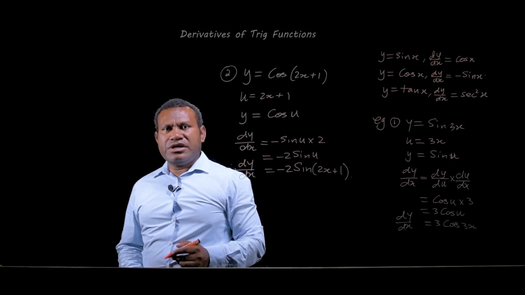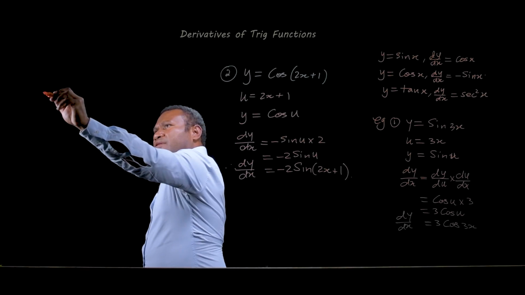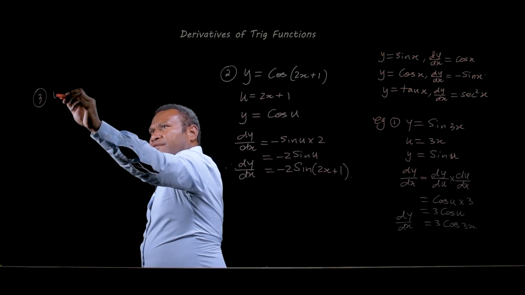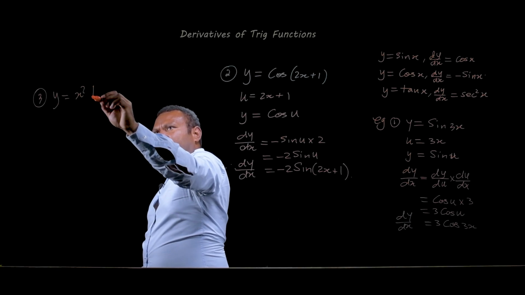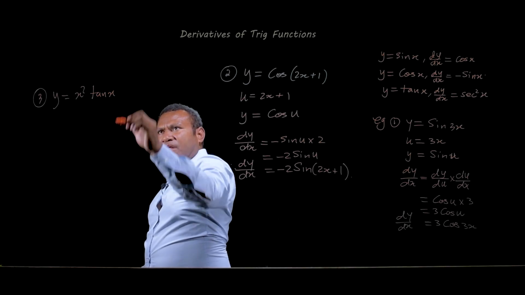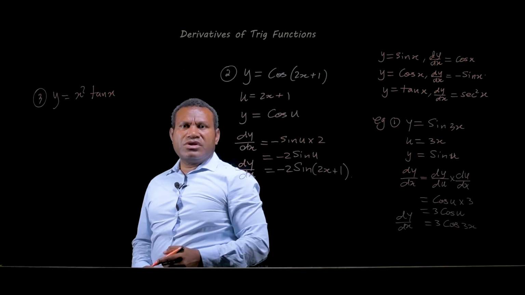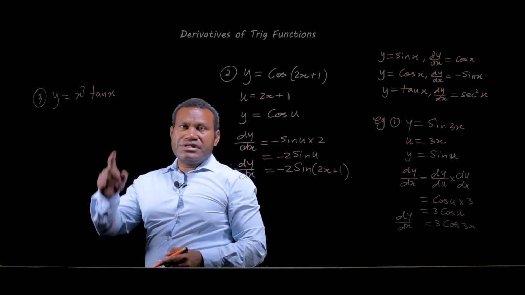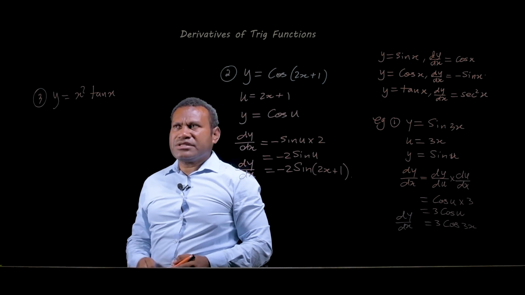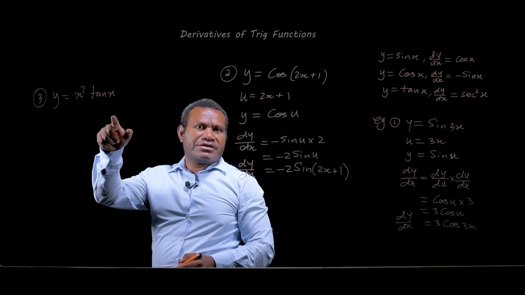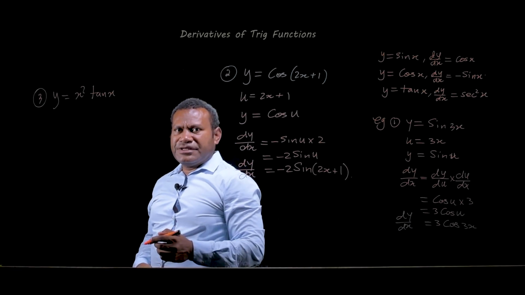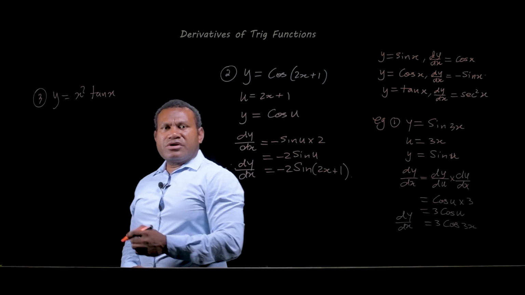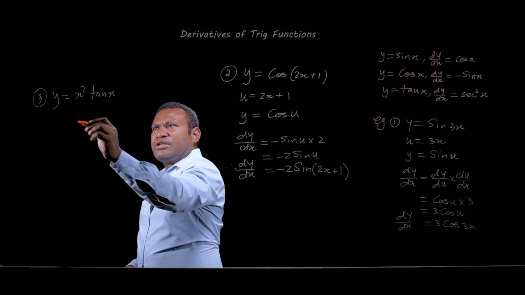Now let's take a look at a third example. Number 3: the function is equal to x squared multiplied by tan 10x. See, tan 10x doesn't contain another function, but it is a product of two functions, x squared multiplied by tan 10x. As you can recall from our previous knowledge, we can apply the product rule here.